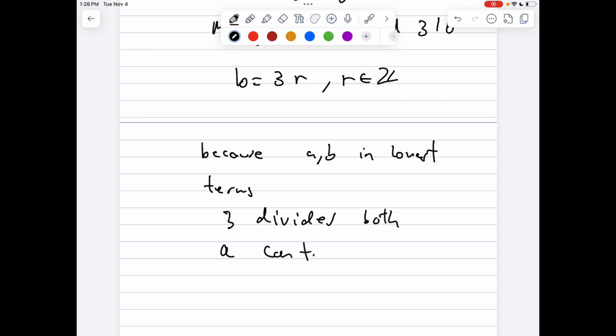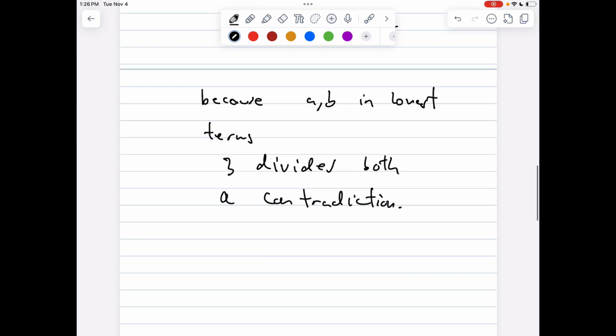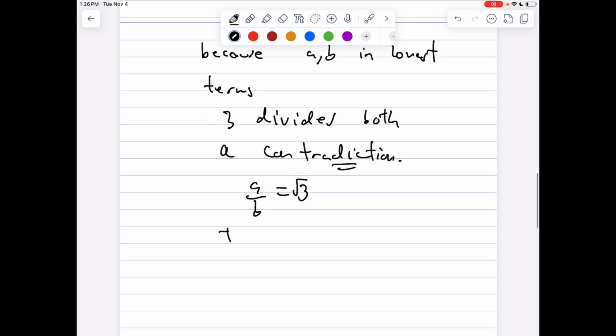And what does that mean? Well, that means that my assumption cannot be true, which was a over b equals square root of 3. So that assumption directly led to this contradiction, and therefore square root of 3 is irrational.